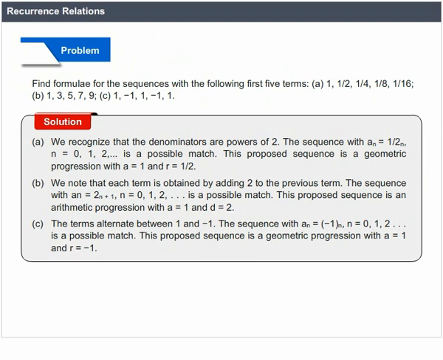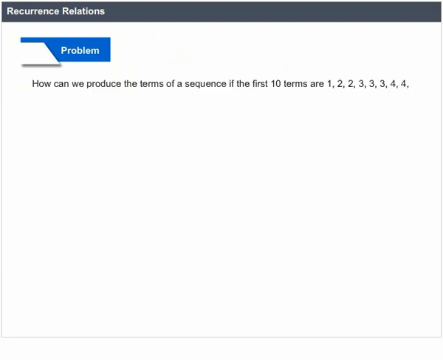This is an arithmetic progression with a = 1 and d = 2. C. The terms alternate between 1 and -1. The sequence with a_n = (-1)^n, n = 0, 1, 2, etc. is a possible match. This is a geometric progression with a = 1 and r = -1.